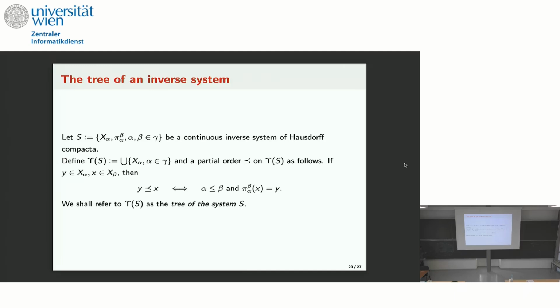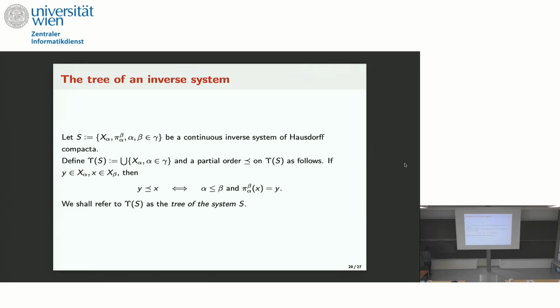All of its points are branches of this tree. And then we continue in this way. All the points of every fiber are represented as branches of this tree, and we obtain something in the limit. I shall call this the tree of the system S. And of course, we can do this for any inverse system.